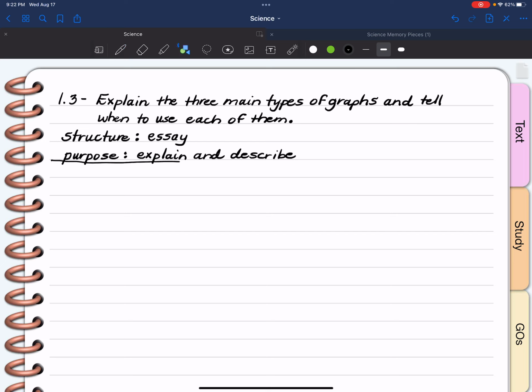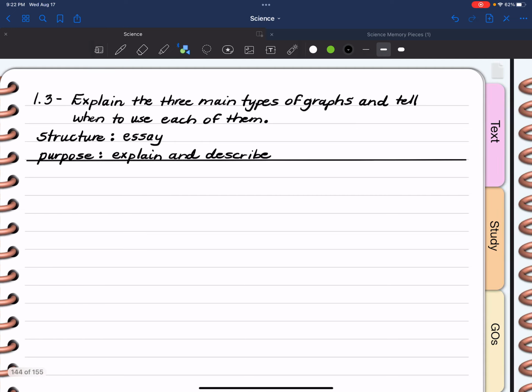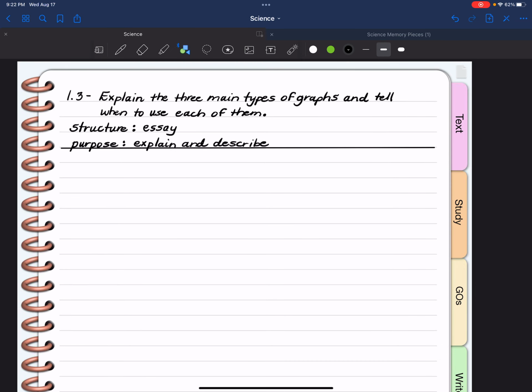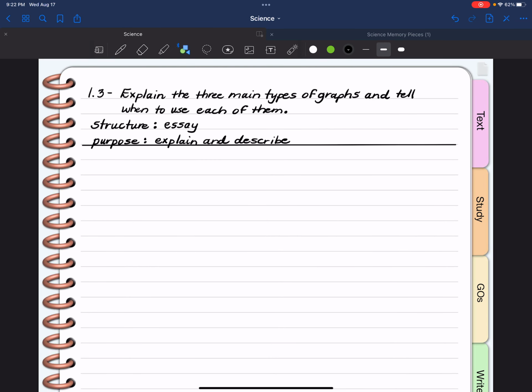So let me draw a line here. And I need to organize this just a little bit. So I'm going to draw what I call a mind map. I'm going to draw a circle in the middle. And that's going to be for my main idea.